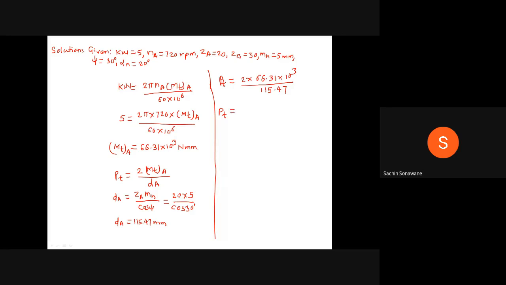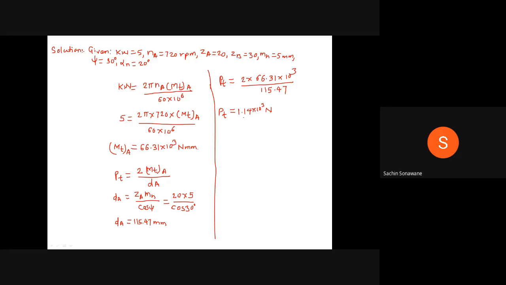What is the answer in Newton? 1.14 into 10 raised to 3 Newton. Yes, correct.